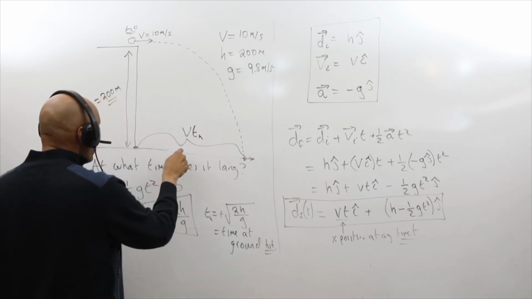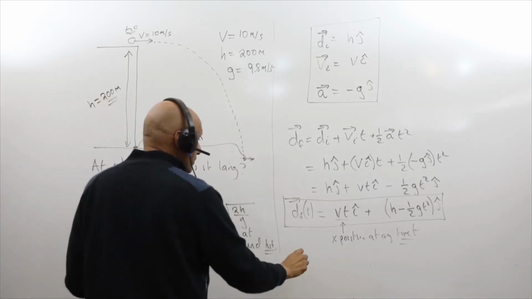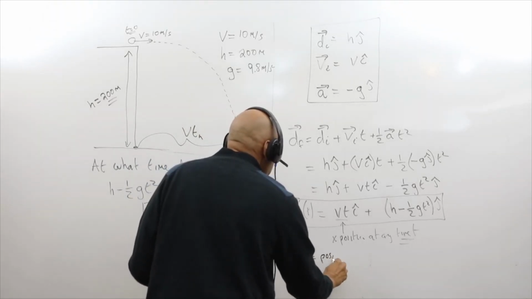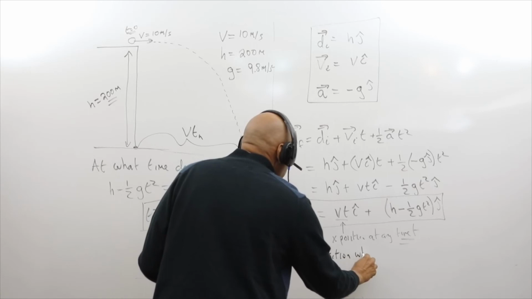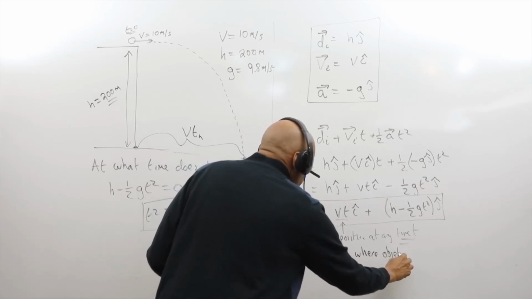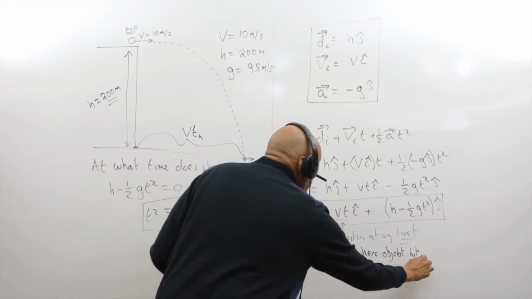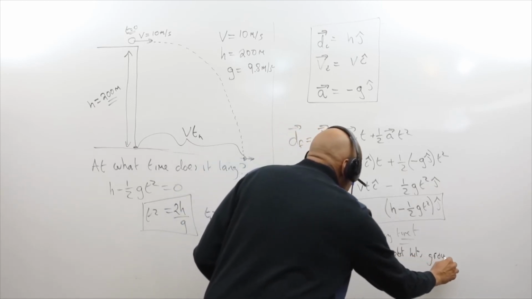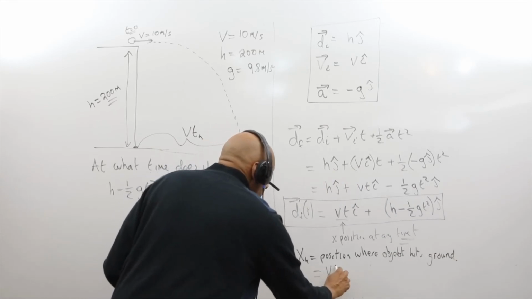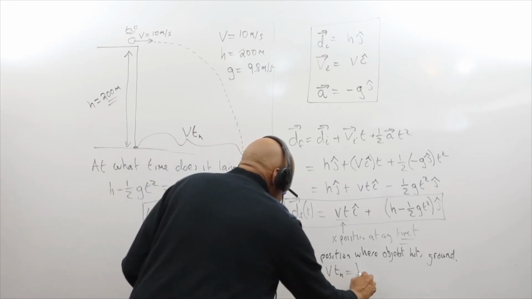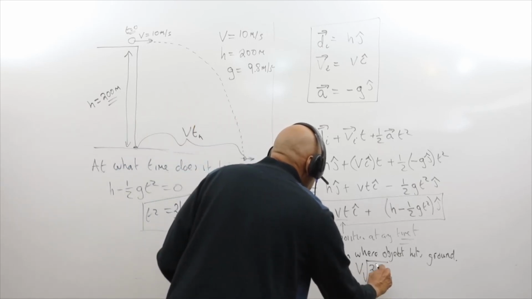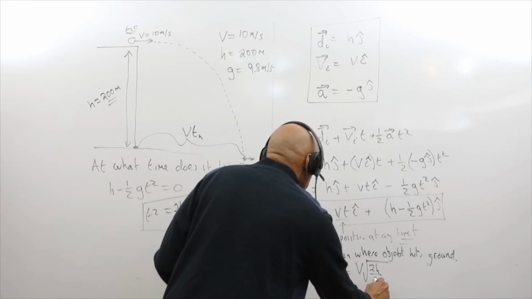So if you want to call this x_hit, we can write this x_hit position where the object hits the ground. Wow, that's a lot of English to write. Which is just v t_h. But I know what t_h is. t_h happens to be the square root of 2h over g.